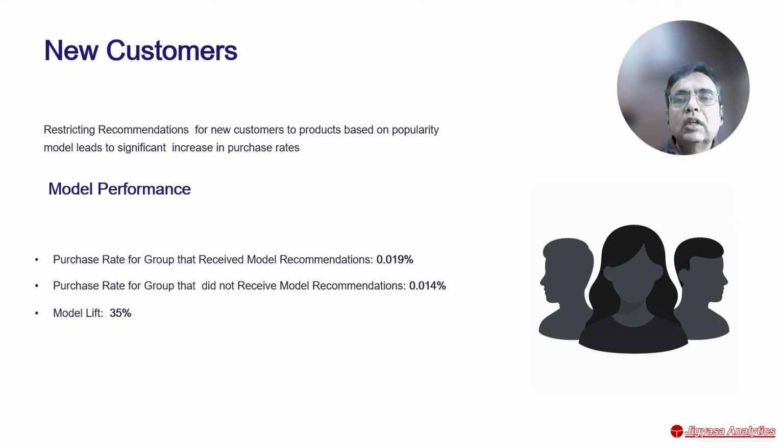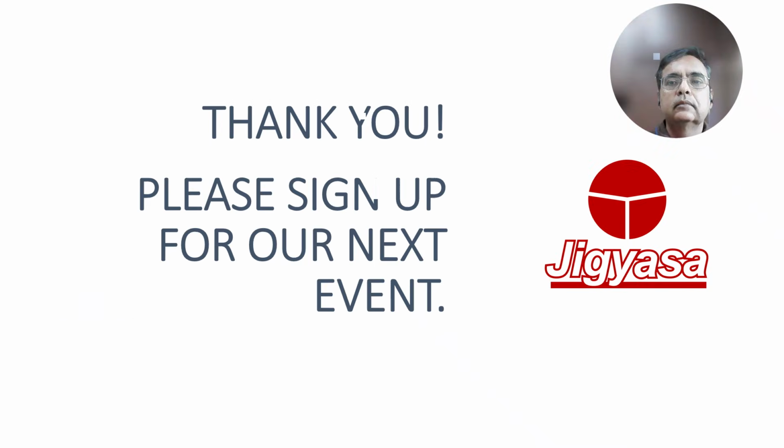So we have seen that across all the groups, the model did a very good job. In some cases, it was very, very strongly pronounced improvement. In other places, there were still very good improvements. So clearly, the recommendation system, if done properly, can lead to significant improvement in purchase rates.